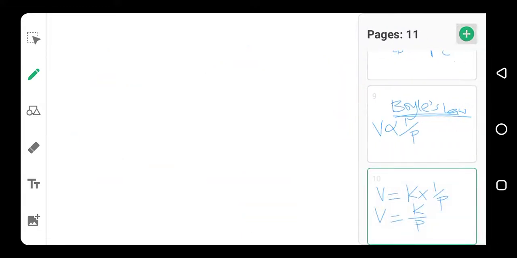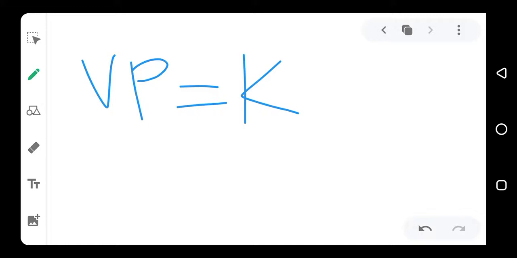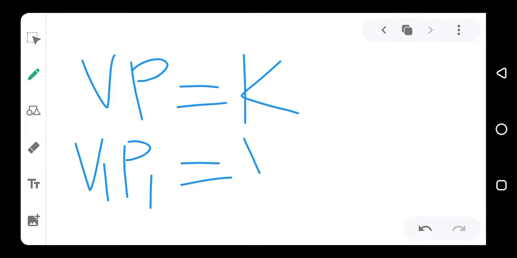If we want to make K stand alone, we take the P to this side. It is division here, so it's going to be multiplication when it comes to the other side. We are now going to have PV is equal to K. If you have different volume and different pressure, we are going to have V1 P1 is equal to V2 P2.